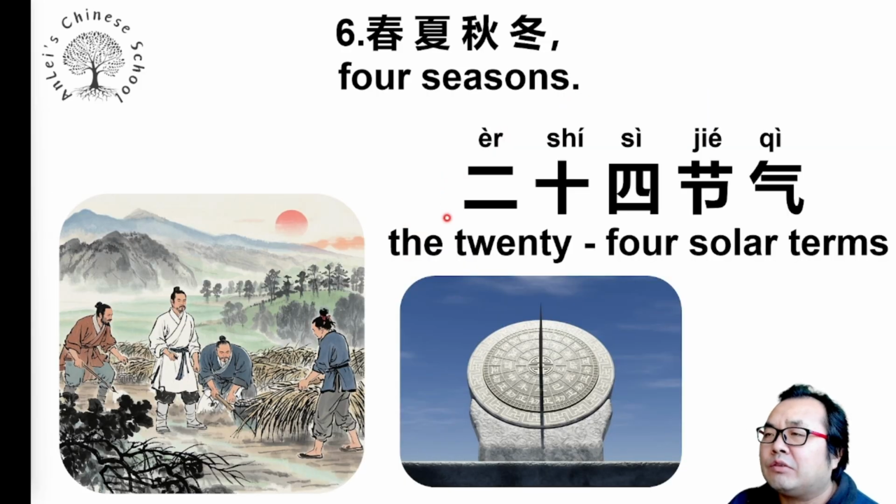In China, we have 24 solar terms, 24节气. Around 3,000 years ago, during the Western Zhou dynasty, the spring equinox, autumn equinox, summer solstice, and winter solstice had already emerged. These were the first four solar terms to be determined. Later, the beginning of spring, the beginning of summer, beginning of autumn, and the beginning of winter were established.